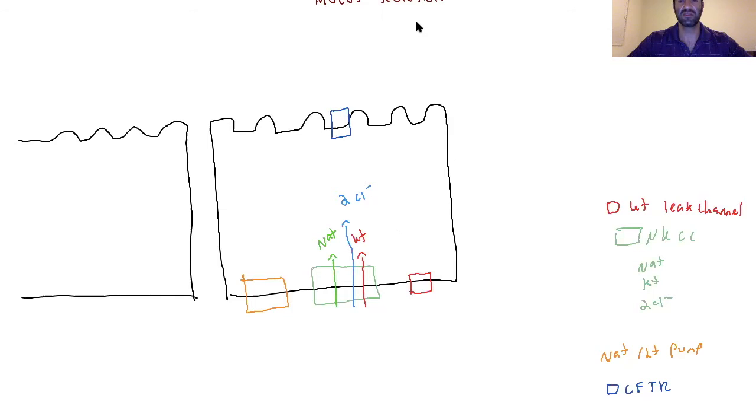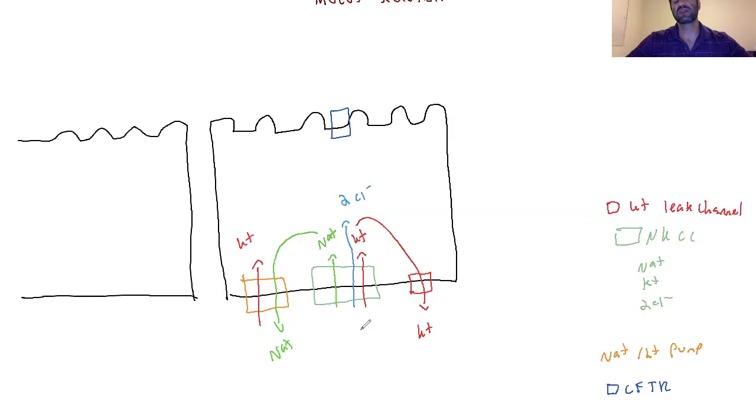All right, easy enough. First the ions are going to be transported in. Potassium is going to leave via the potassium leak channel, going back outside the cell. Sodium is going to leave via the Na plus K plus pump. So we're going to see the ion movement look like this.